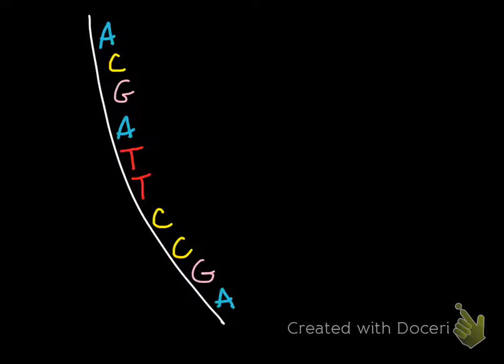If I give you half a piece of DNA, if I take that ladder and take a chainsaw and cut it down the middle, it's pretty easy to fill in the other side, isn't it?